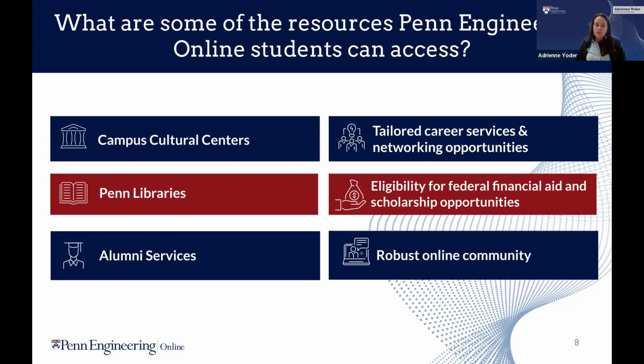And as an online student, you do have access to participate with these campus cultural centers. A lot of their events take place on campus, but they are entirely accommodating to our online student population. So if you want to meet with a staff member there, join a group through those centers, or attend an event, they are more than willing to have you. So it's really great that we've been able to partner with them.